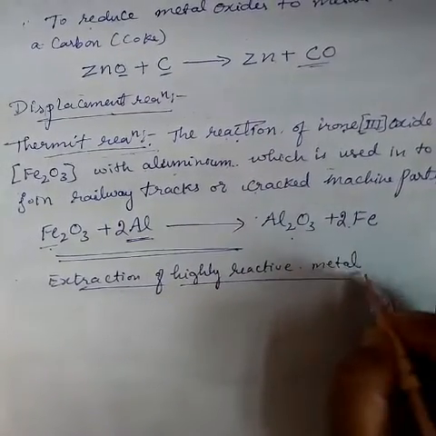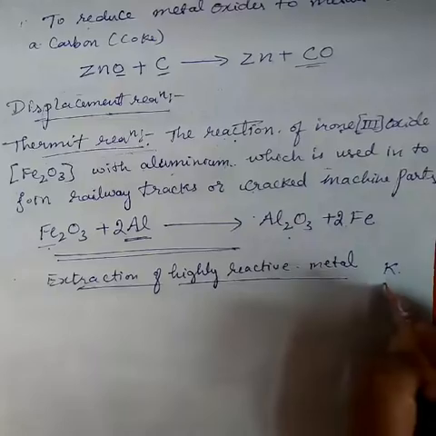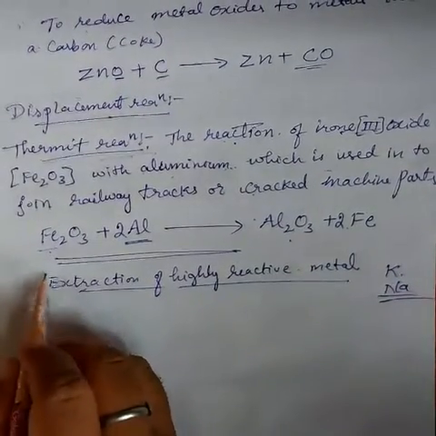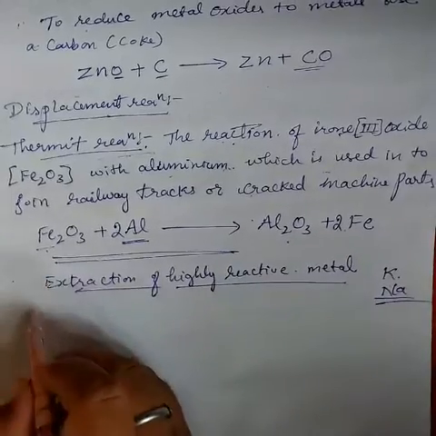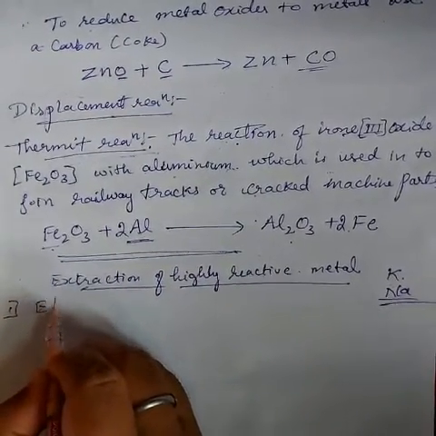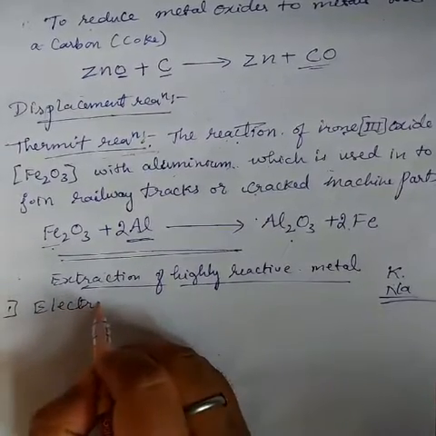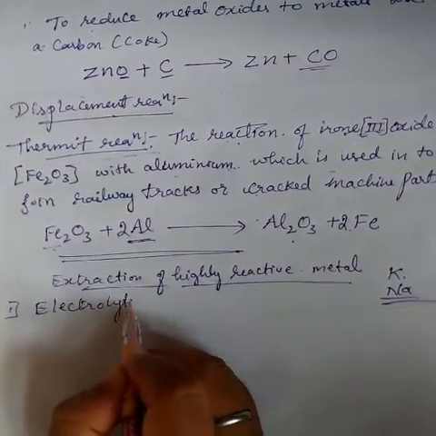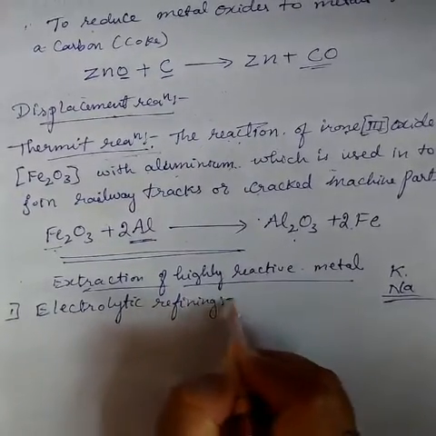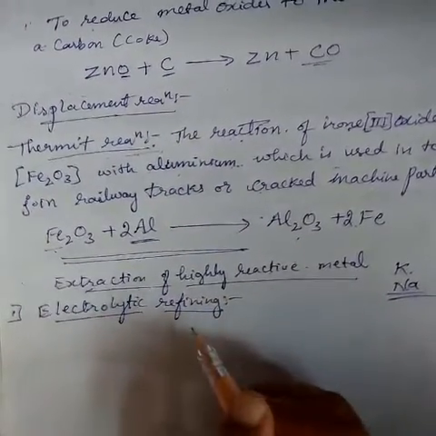You know which are the highly reactive metals, like potassium, sodium. These are all highly reactive metals. How do we extract them? By the process of electrolysis, or electrolytic refining, or the electrolysis process. So what is electrolytic refining?